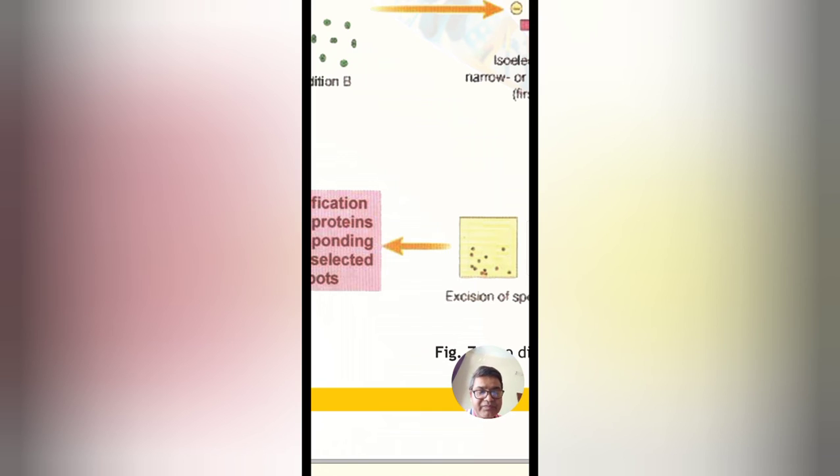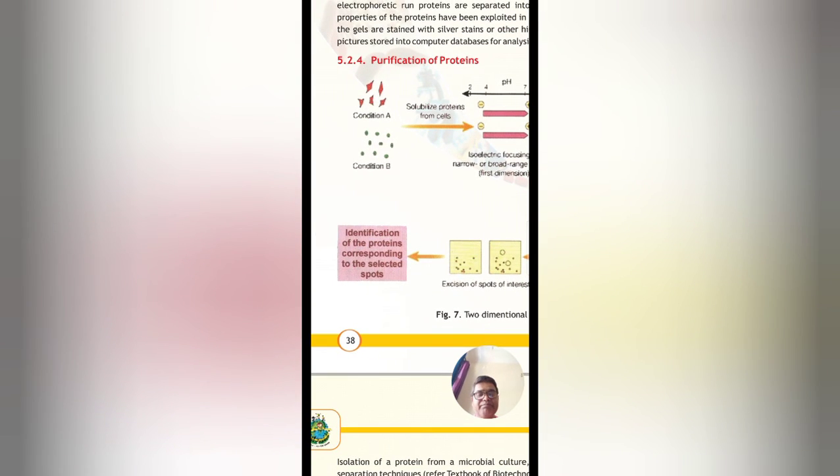Now we proceed to the next topic, that is protein fingerprinting or peptide mapping. Through protein fingerprinting or peptide mapping, we are able to know if there is any specific change in the protein of two different samples.